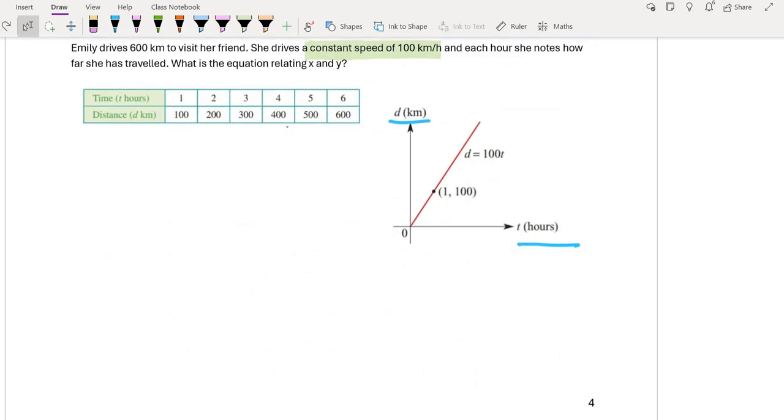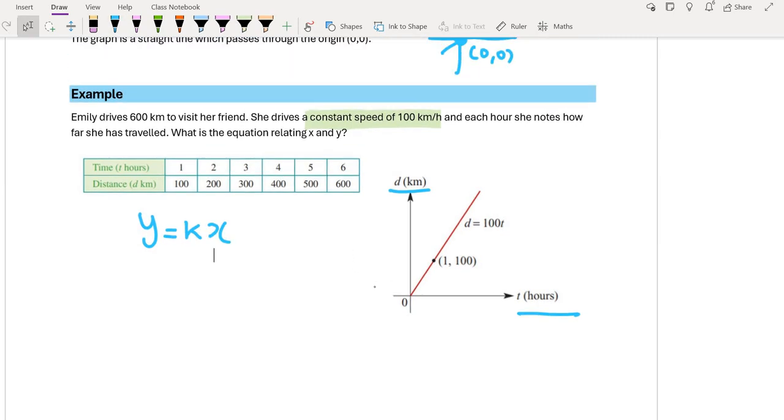So we just have the relationship of y equals k times x. But in this case, instead of x and y, we have distance equals k times t for time. As you can see, we're using d and t for our values. And we're asked to find the equation for this question.